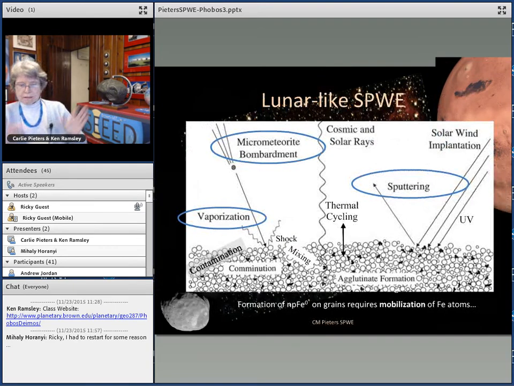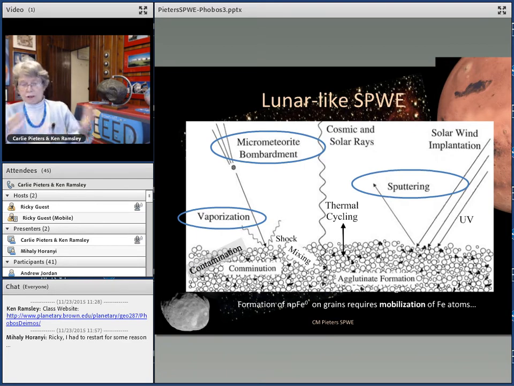So this is a condensation of several decades of work, multiple papers, that has allowed us to recognize that in the lunar situation, the production of this nanophase iron on the surface of grains, either by the micrometeorite vaporization process or by solar wind sputtering, either way, what's involved is the mobilization of specific iron atoms that then accumulate on the surface of grains in the single domain iron form.